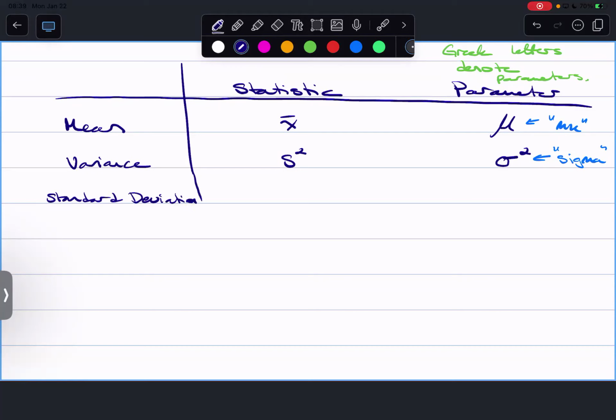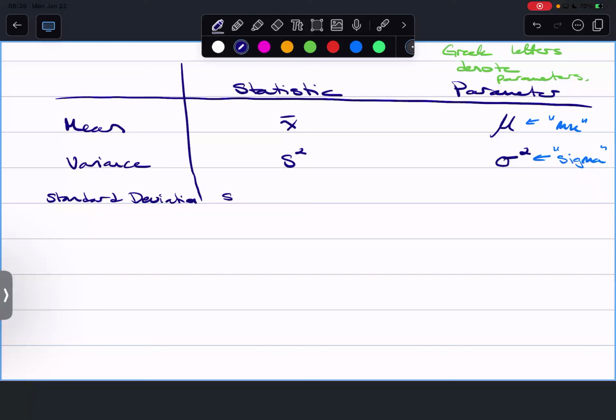So the next thing would be the standard deviation. Now, the standard deviation is just the square root of the variance. Once you have the variance, you can take the square root of it. It's the positive square root of the variance.